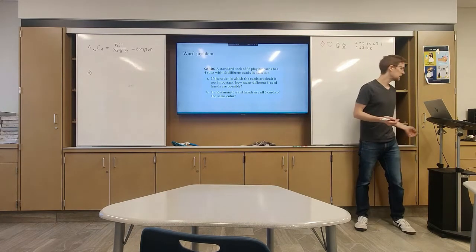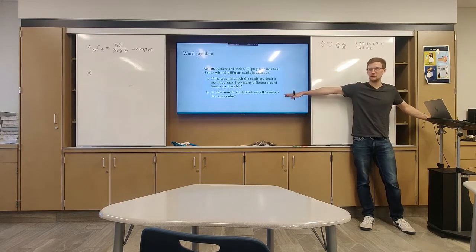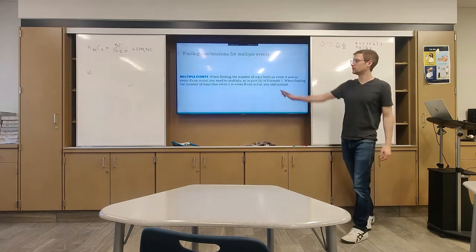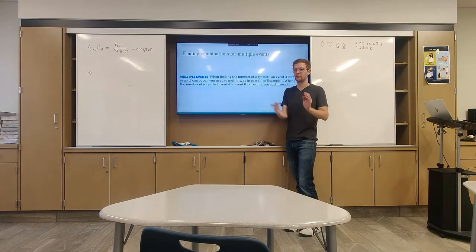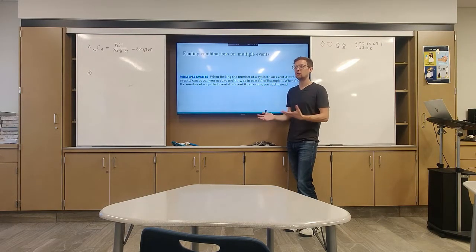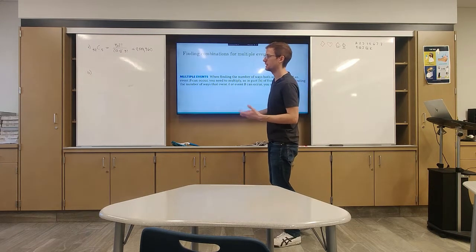Okay, so before we can solve part B here, we have to learn how to deal with multiple events. Whenever multiple things are happening, how do we calculate those combinations or permutations?